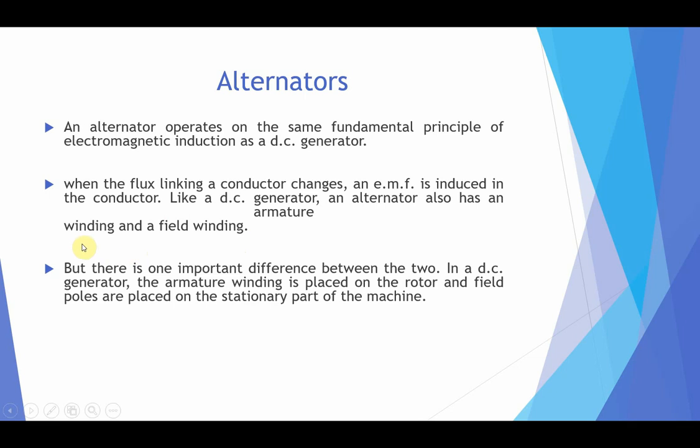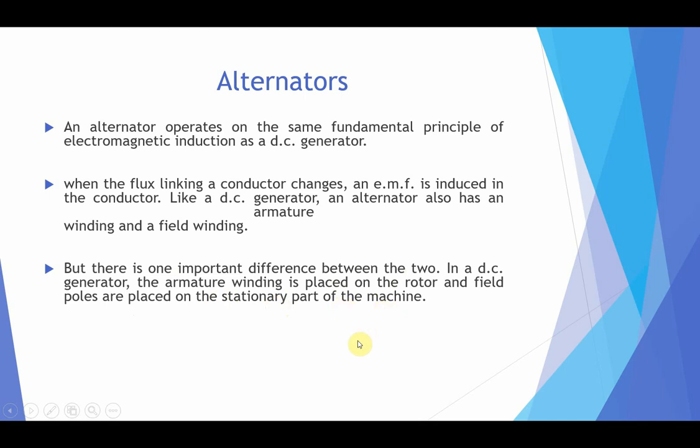What is the difference between AC and DC generator? There is one important difference between the two. In a DC generator, the armature winding is placed on the rotor and field poles are placed on the stationary part of the machine.